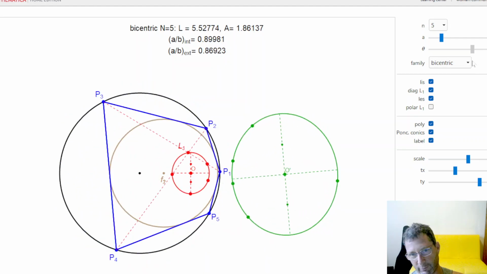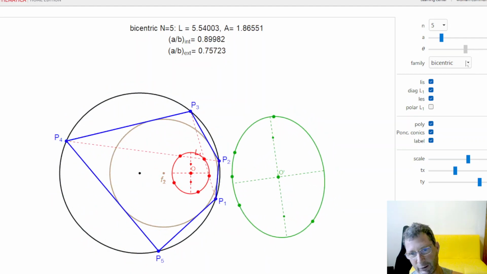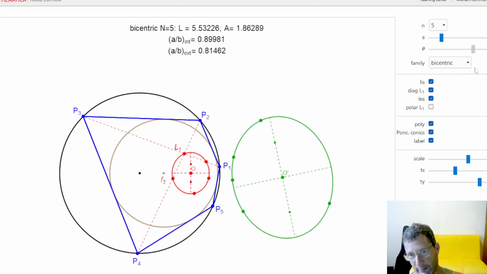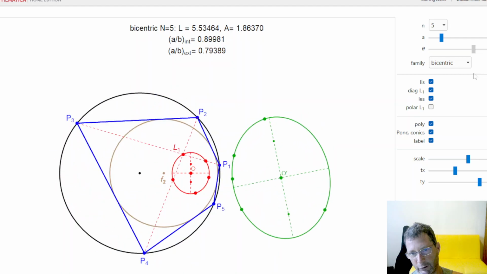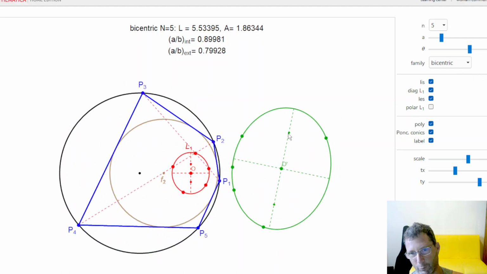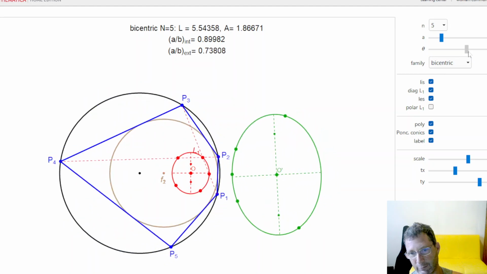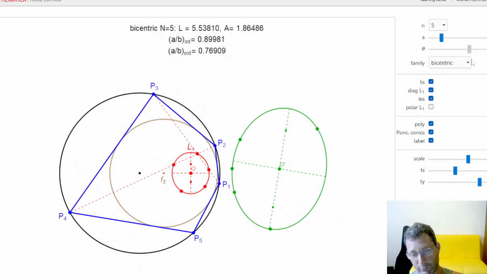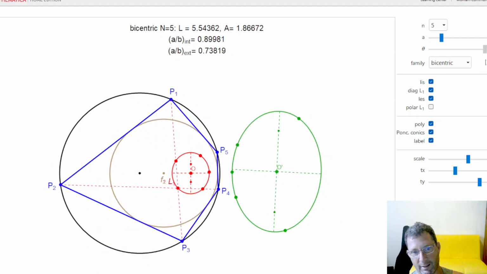Well, I'm drawing an ellipse through the 5 points, but in the external case the green ellipse is not fixed. I'm still curious to find out what the locus of these foci and of this center might be in the bicentric case. They look pretty interesting. It could be that they are circles. I'll report this in some future video.